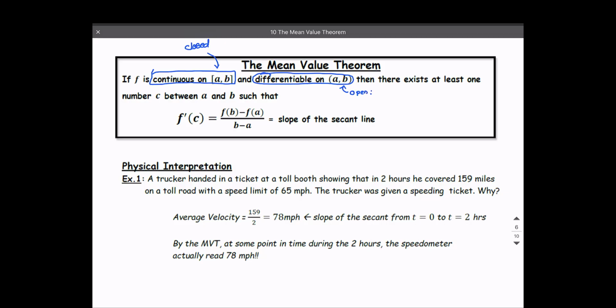So that means we have to be differentiable for a less than x less than b, but we have to be continuous on a less than or equal to x less than or equal to b. So those two conditions have to be met first. You have to state that those conditions are met before you can use the mean value theorem. So you show that the function f is continuous on the closed interval, differentiable on the open interval.